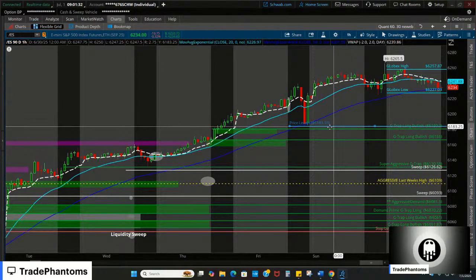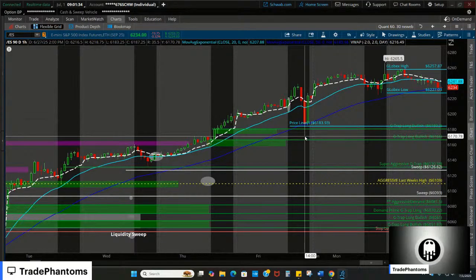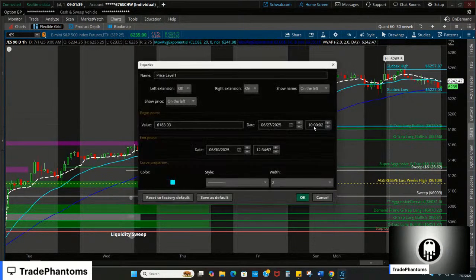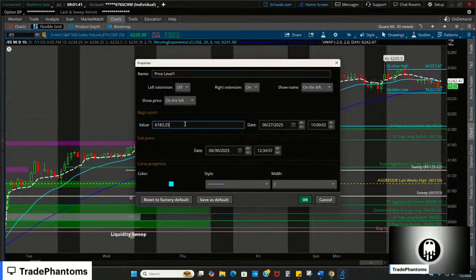Okay, so that comes in at about what is it? I'm sorry, 61.83.25. All right, just a daily low, Friday's low. Now this could be used as a potential sweep.